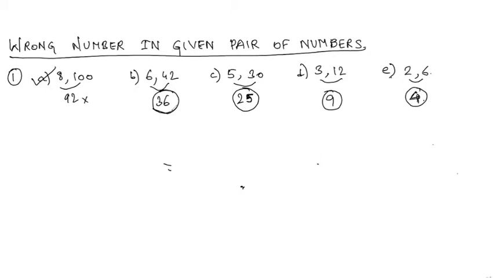Did everyone understand this? Yes, ma'am. Everyone else? Yes, ma'am. So this is the pattern of how to find the wrong number in a given pair.